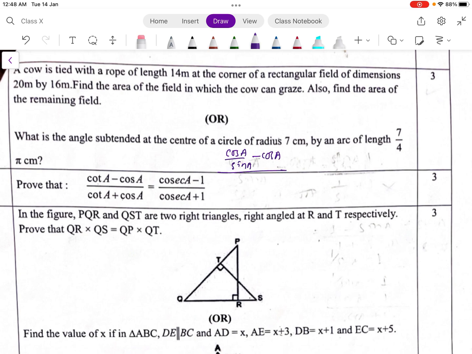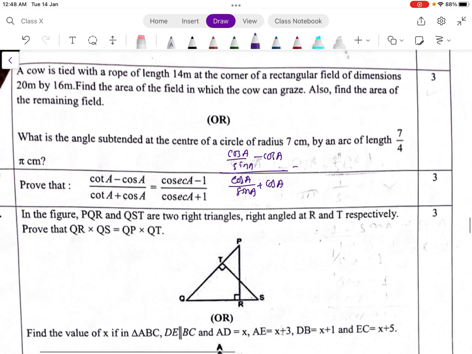So similarly the denominator also is cos A by sin A plus cos A. Okay, so now in the numerator cos A is common, so you can take cos A. So what remains here is 1 by sin A minus 1 divided by cos A, 1 by sin A plus 1.